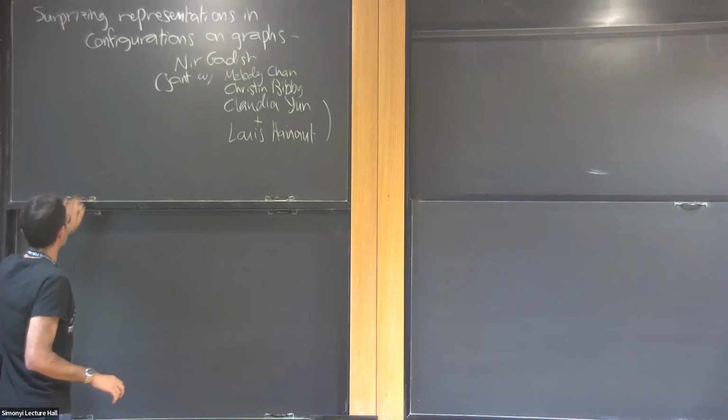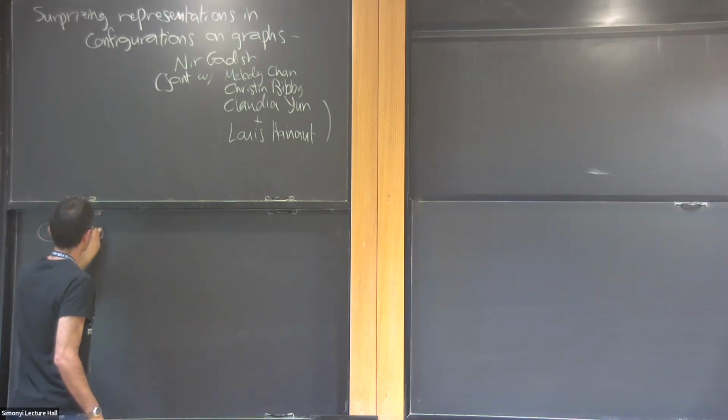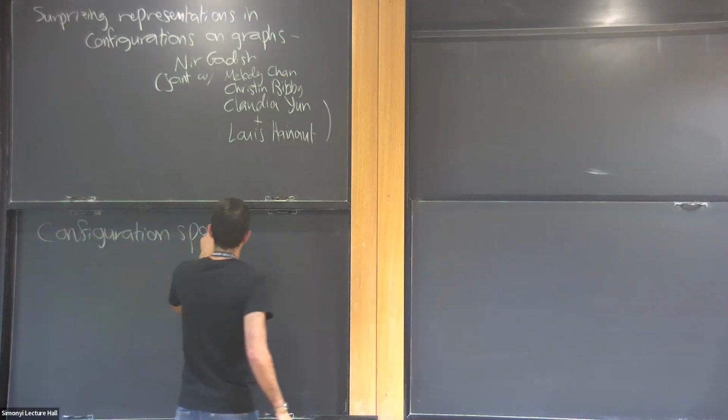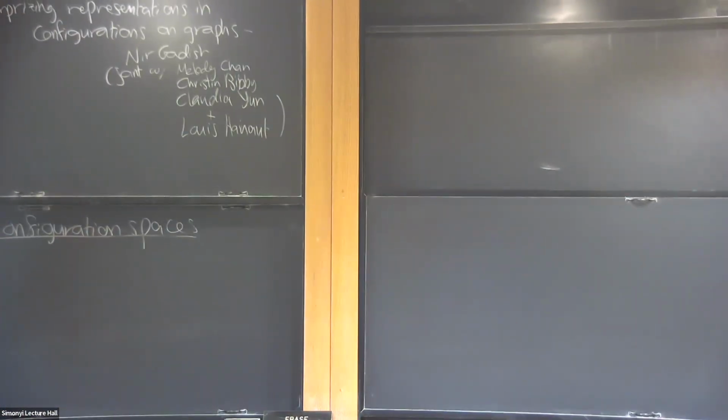So the first thing I want to discuss is configuration spaces. And one way to start thinking about configuration spaces is through the braid arrangement.